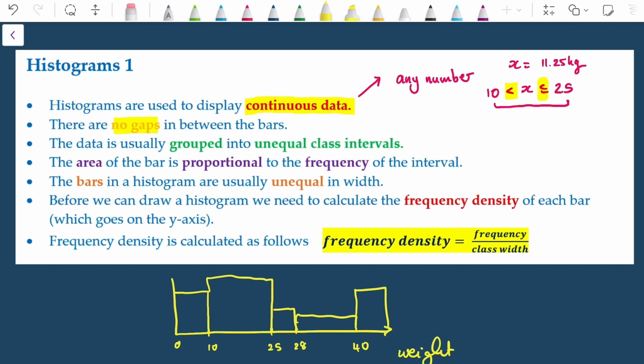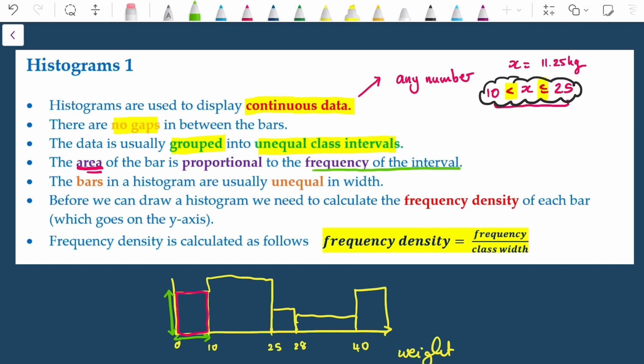The reason for unequal widths is that the data is usually grouped into unequal class intervals. Remember, we call this the class interval. This bit is really important. The area of the bar, this distance multiplied by this distance, is proportional to the frequency of the interval.